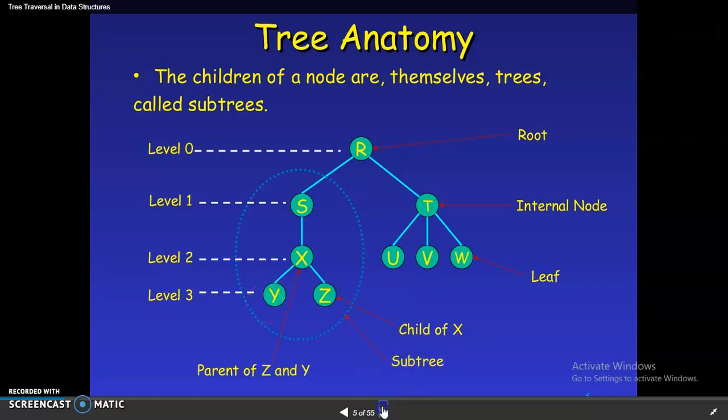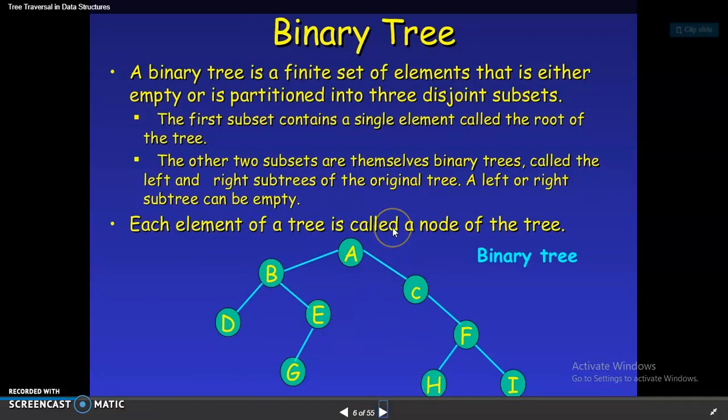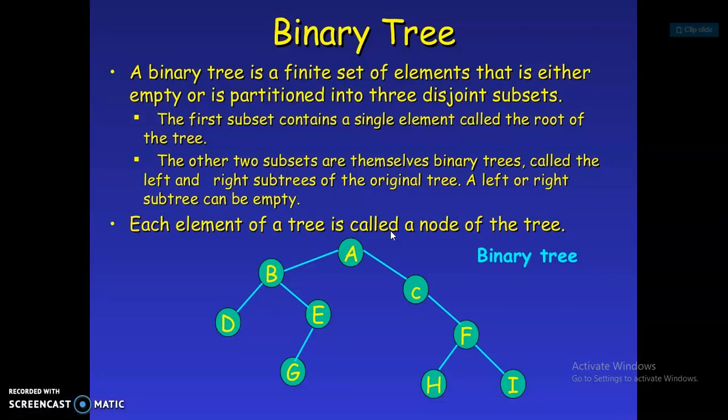Next, binary tree. Previously, each and every node could have either 0 or more child nodes. A node can have 2 child nodes, 3 child nodes, 4 child nodes. There is no limit for the child nodes.